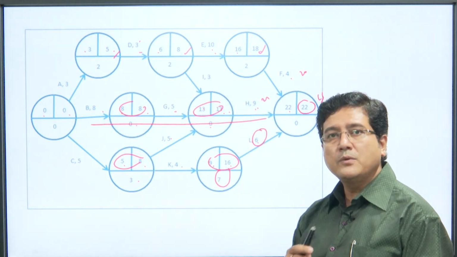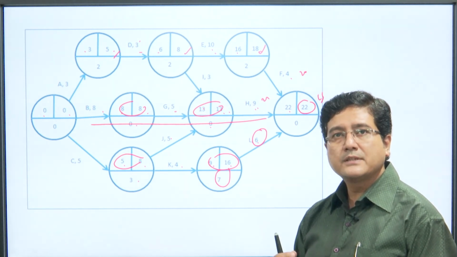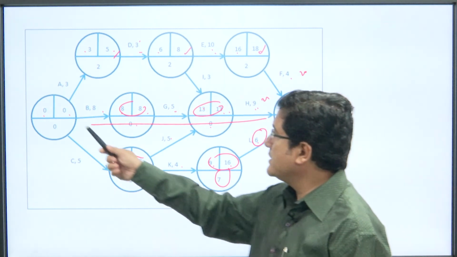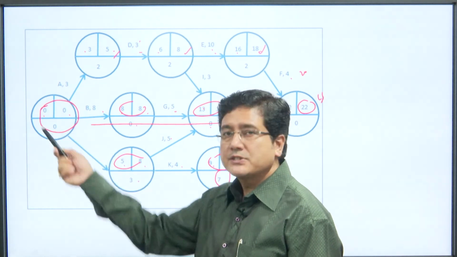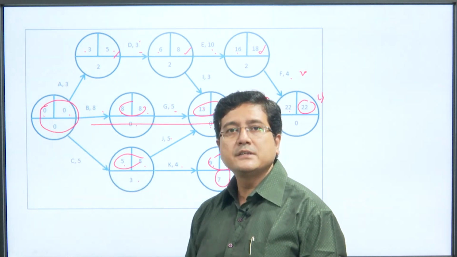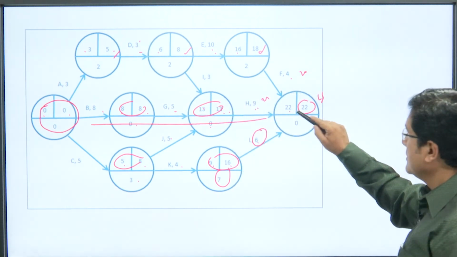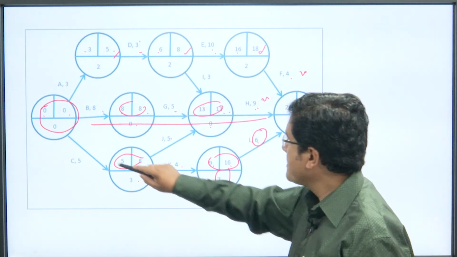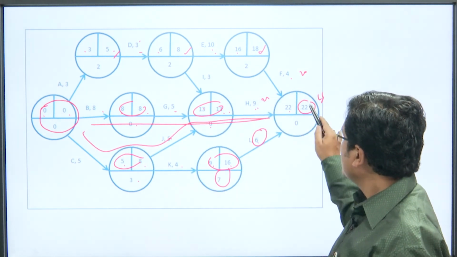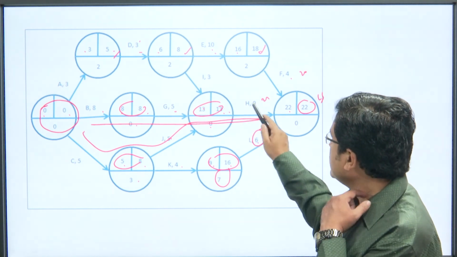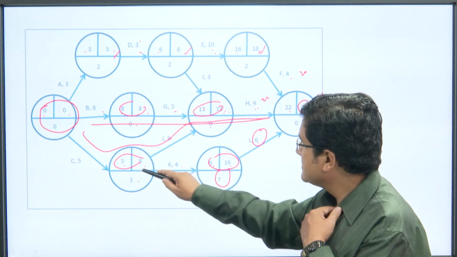When we calculate the maximum path, we check in which path the starting point will be 0, and we take the maximum path. So, the maximum path is like this. 22 minus 9 is 13, 13 minus 5, 8.